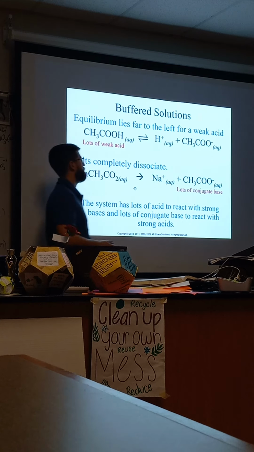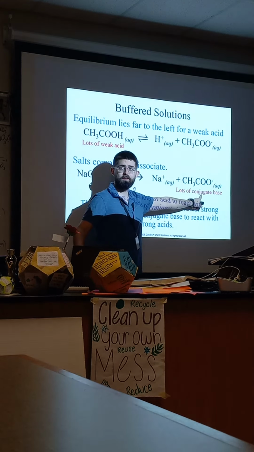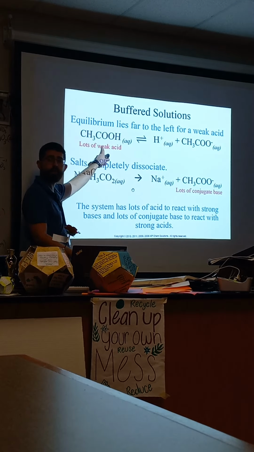So, long story short, guys, buffers work by turning strong attackers into the conjugate weak whatever. So if it was a strong acid attacking, it gets turned into the weak acid. Because the strong acid attacks the weak base, and turns it over here into weak acid.